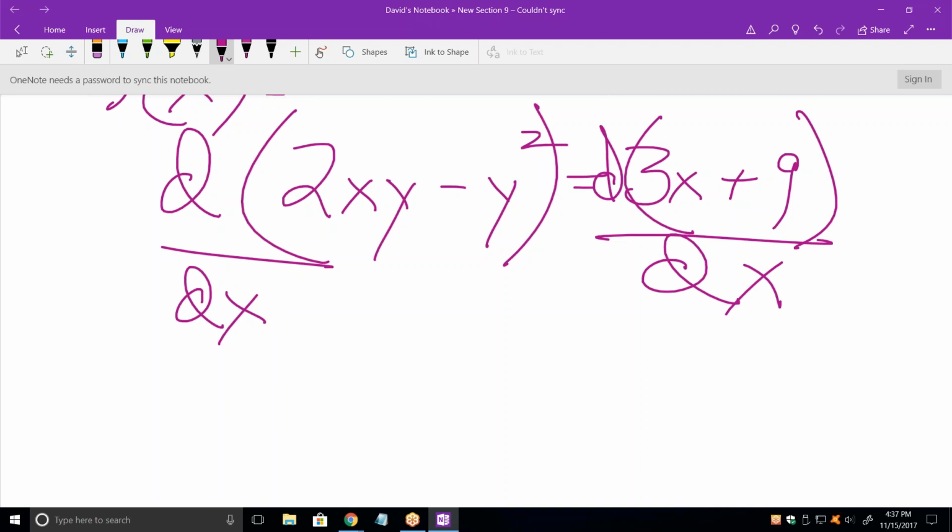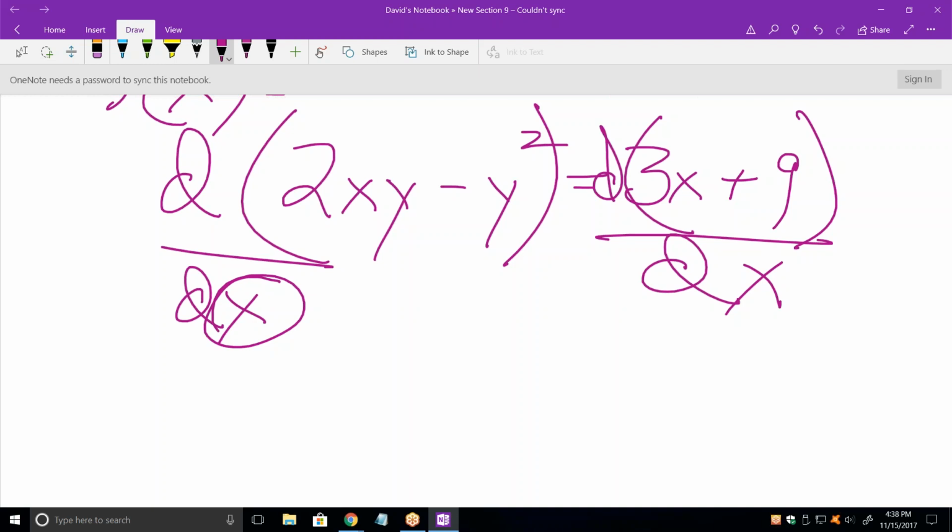Now, here's what you do. You differentiate just like normal, and if you come across an x, you do everything normal. But if you come across any variable that is not x, in other words, if I come across a y or a t or an r, I differentiate it normally, but I follow it with a dy dx.